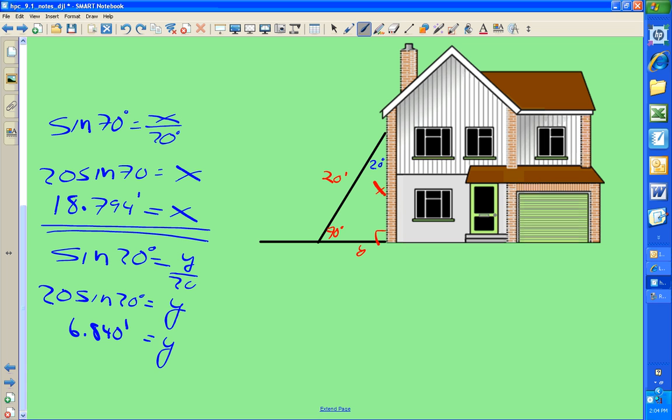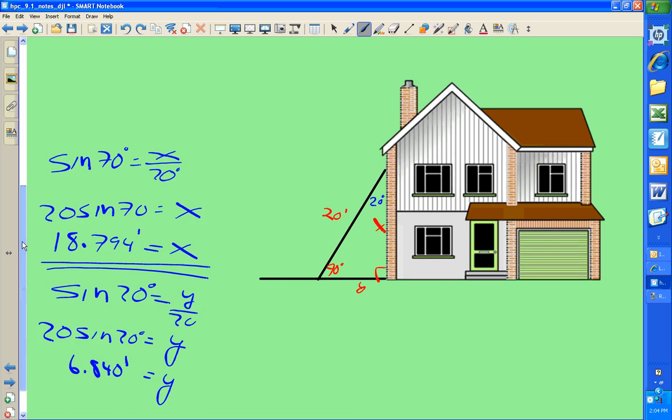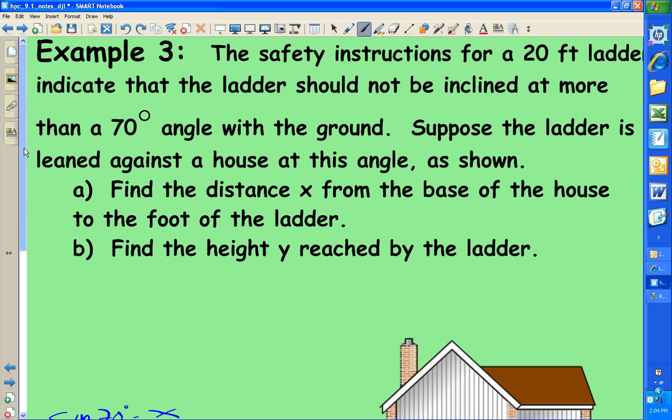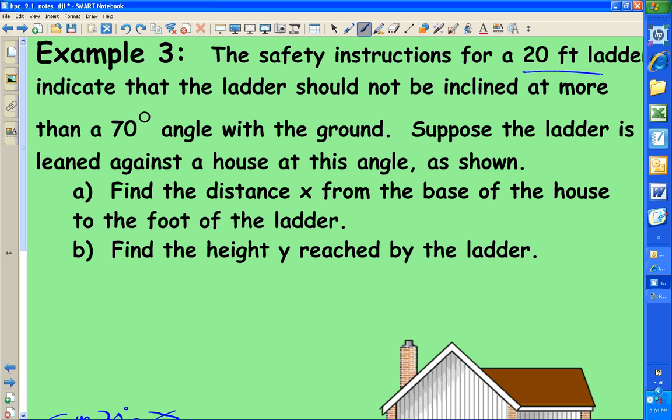You have no idea why we're measuring in feet? How long is the ladder? 20 feet. Why are we using feet? Because it says somewhere in here that the ladder is 20 feet. What's that?